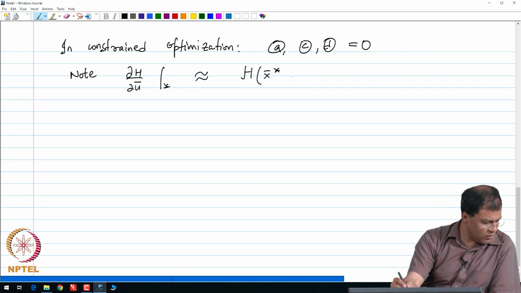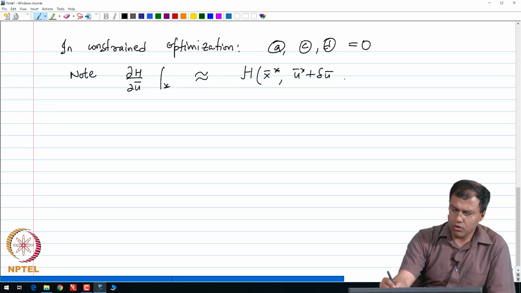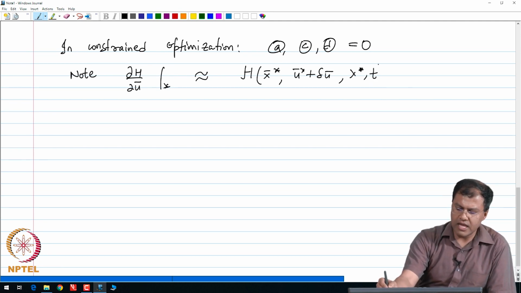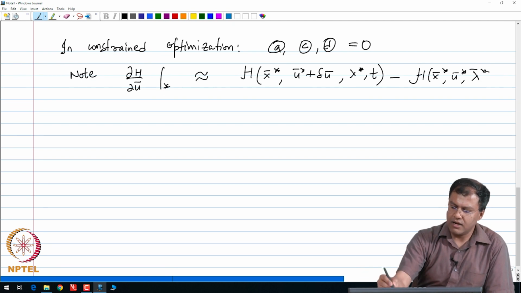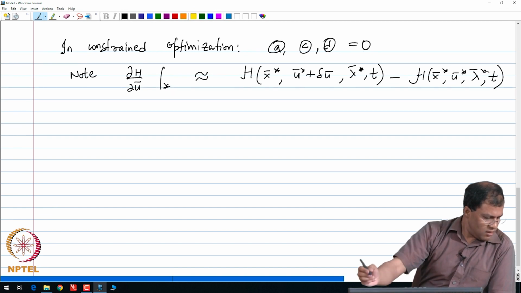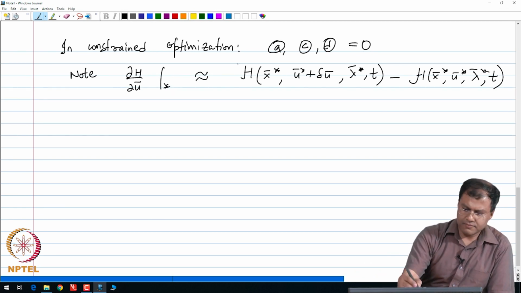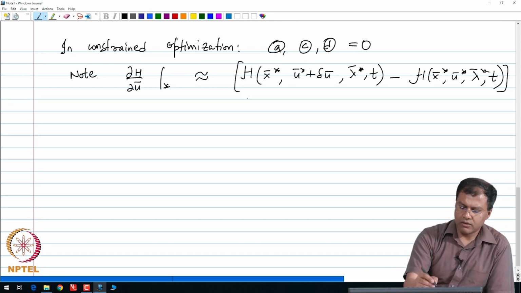So, this becomes the value at u star plus delta u. So, this is h at x star, u star plus delta u, lambda star, t, minus h at x star, u star, lambda star, t, divided by delta u, right.